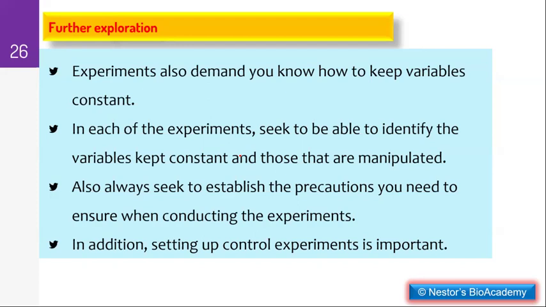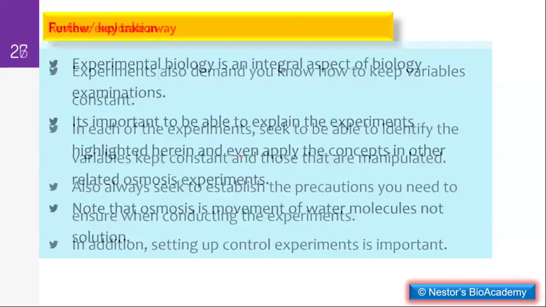Like in the experiments dealing with potato strips, the raw potato we used earlier, the one in which we made a carving and placed concentrated sugar solution, a very common control experiment will be to use a boiled potato, because by boiling, you end up destroying the semi-permeability of the cell membranes, and therefore there will be no observable changes being seen, because water will not be able to move through the membranes.